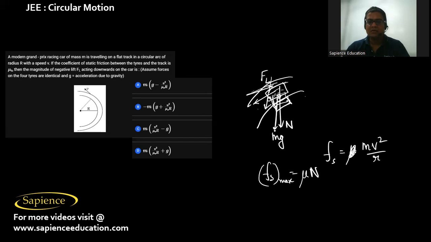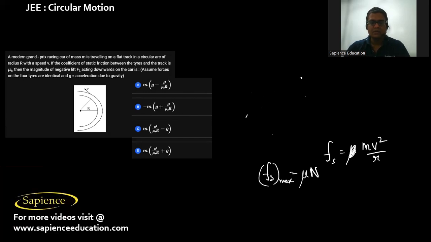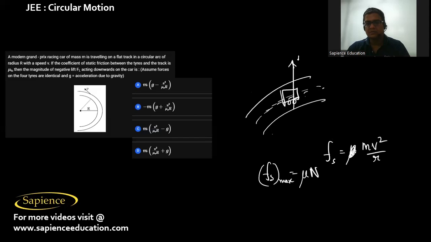So along with mg, here I think I told it this is wrong actually. Here the car is moving on the track, and the normal reaction of the road will be exerted on the car, which will be vertically upwards, and the weight of the car will act vertically downwards, which is mg, and there will be a negative lift of the air which will act vertically downwards, which is Fl.